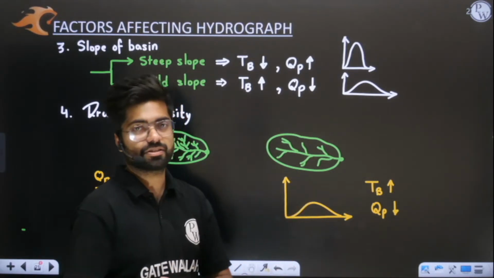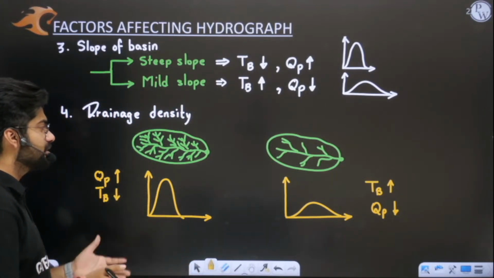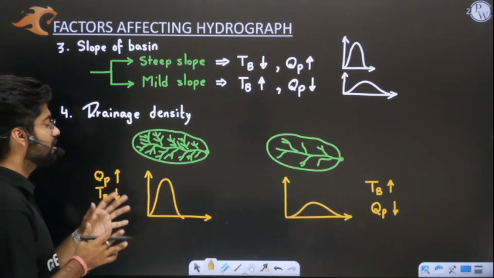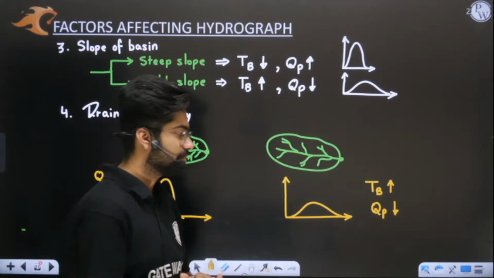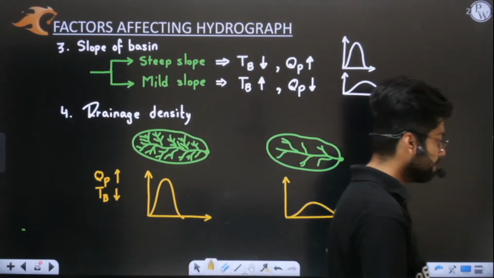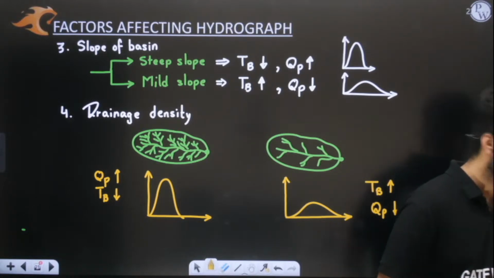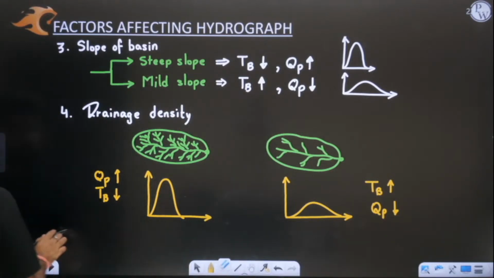This is the case. And this is the case when you have a proper drainage system, when the number of drains are high and they are very clean, so immediately all the water will gush and reach your main river, and immediately all the runoff will occur. Is this thing clear?